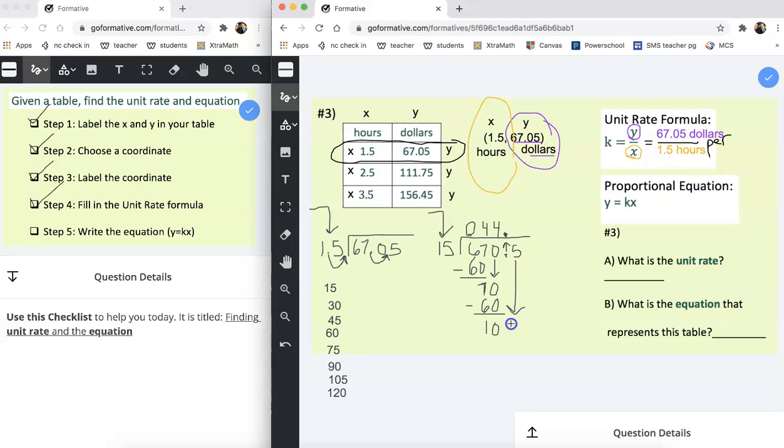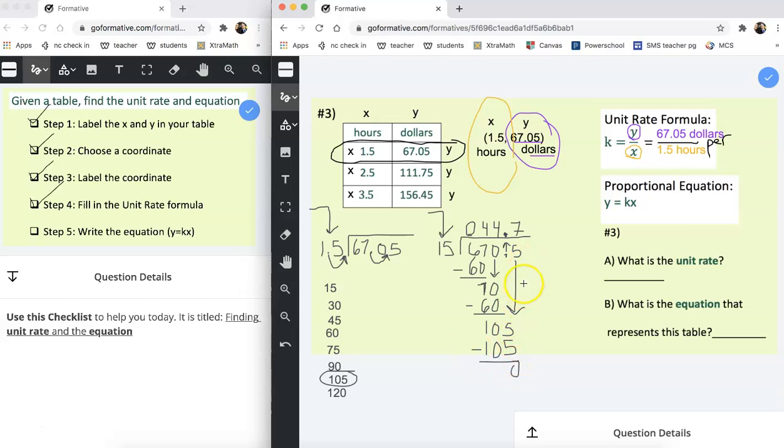Now we bring the 5 down. 15 goes into 105. Well, there's 105. So 1, 2, 3, 4, 5, 6, 7 15s give us 105. So 15 goes into 105 7 times. 7 times 15, the multiplication goes below. 7 times 15 is 105. We subtract.